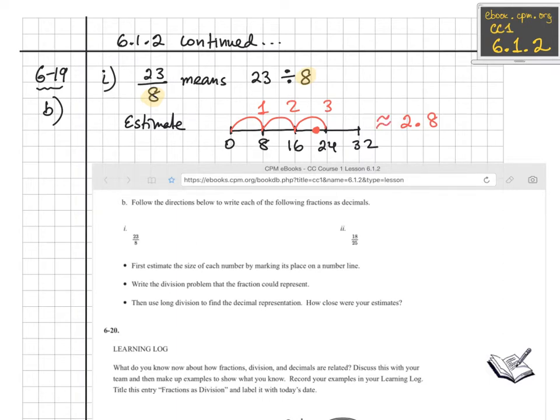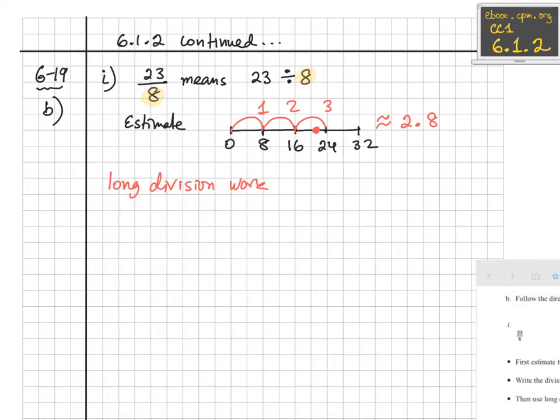Okay, now it says write it as a division problem, which I did. So I'm just double checking with the little bullets. And the last one says use long division to find the decimal representation. Okay, I will continue with the long division. What we want to do is make sure we're setting up the long division correctly.